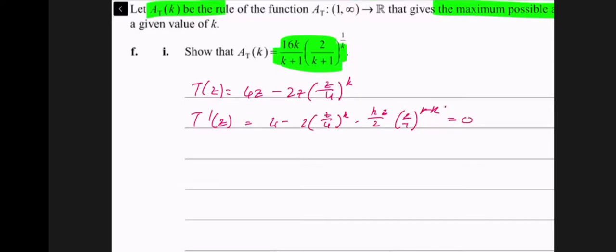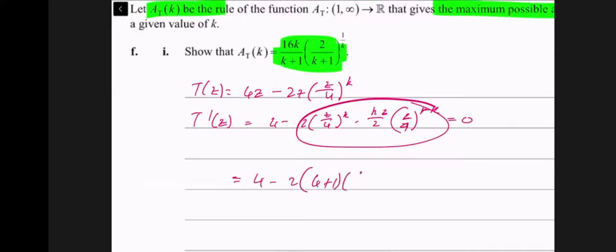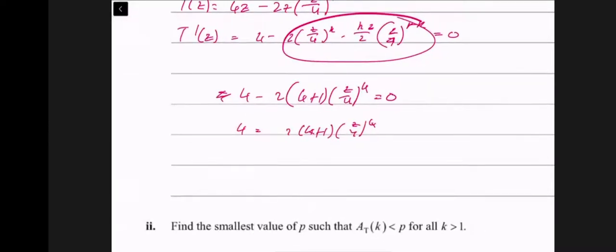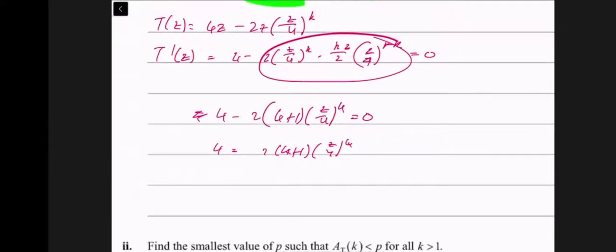Since we have this thing that we don't really want, the whole (z/4) to the power k thing, we want to factorize that out. If we take it out, it's (k plus 1)(z/4) to the power k, which equals 0. Now you can see that you have it in a really nice form. So 4 equals 2(k plus 1)(z/4) to the power k. Usually if we're trying to find a maximum, we want to find the z value for which it's the highest.